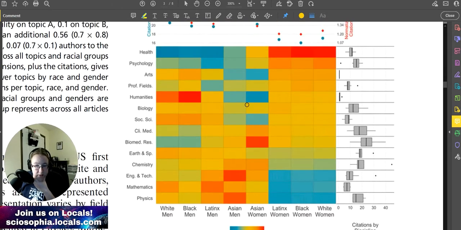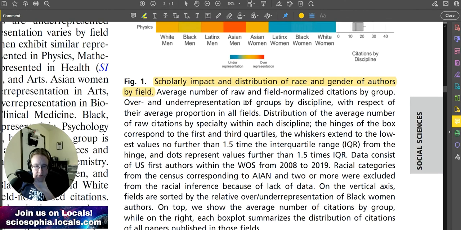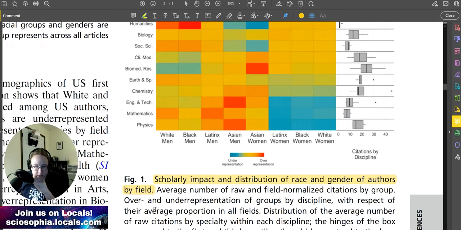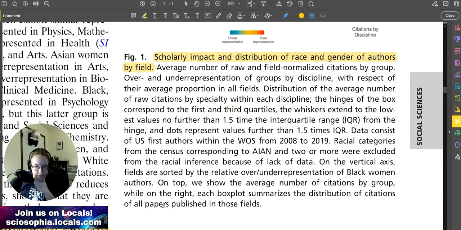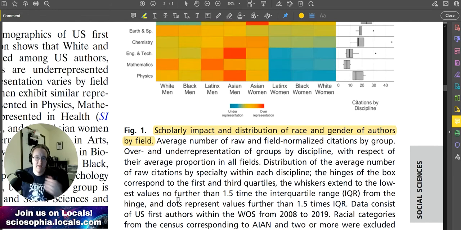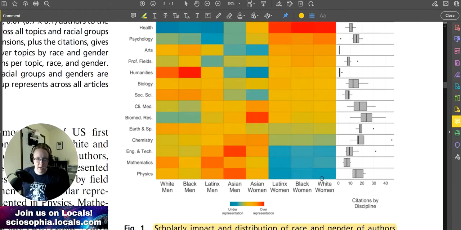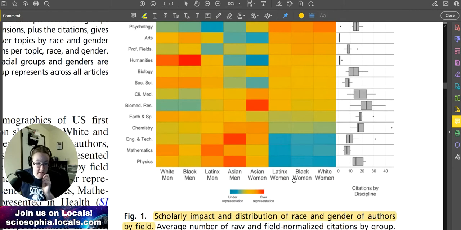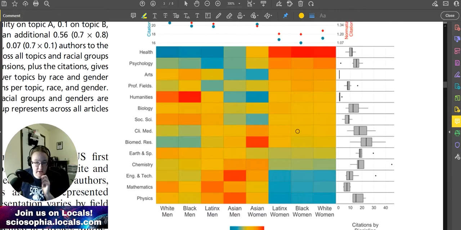And what I also notice is, let me see here. What is this? Overrepresentation, underrepresentation. On the vertical axis, fields are sorted by the relative over and underrepresentation of Black women authors. So basically they're saying that in these cooler colors, that demographic group is underrepresented in that field, and in the red colors they are overrepresented.